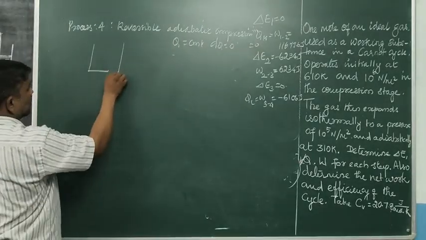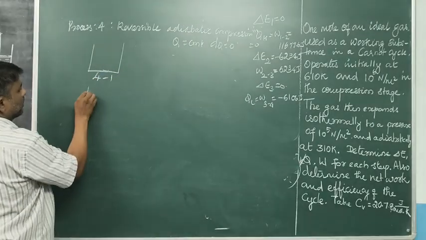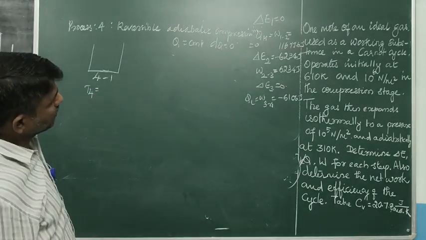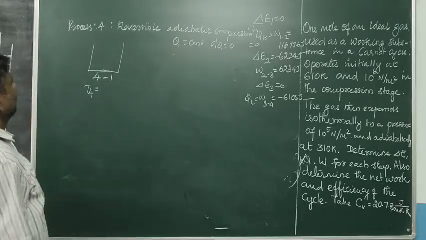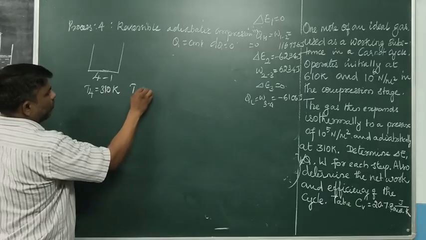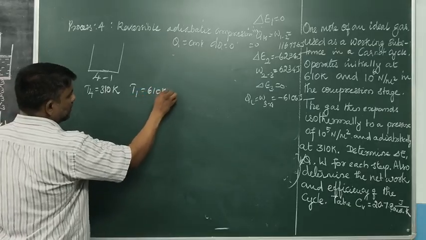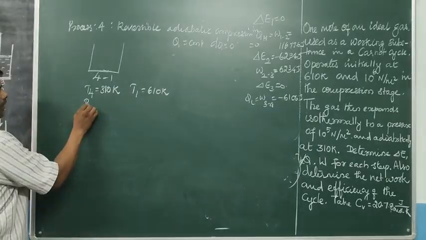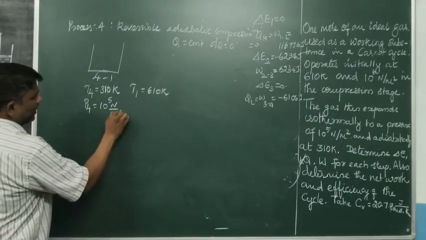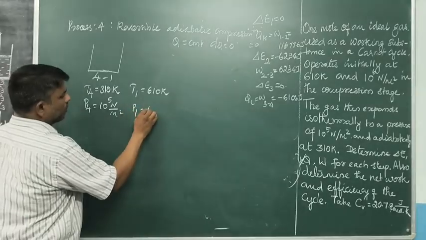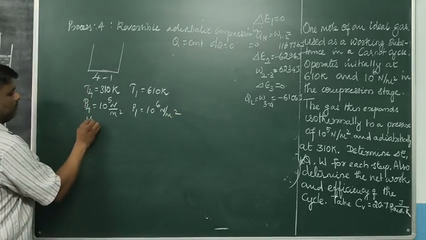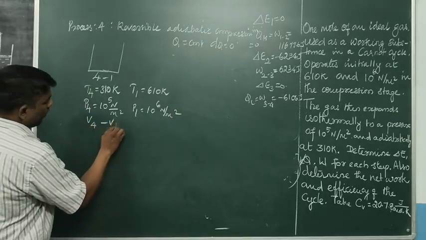This is process 4 to 1. That means T4 is equal to T3 means this is 310 degree Kelvin, and T1 is equal to 610 degree Kelvin, and P4 is equal to 10 to the power of 5 Newton per meter square, and P1 is equal to 10 to the power of 6 Newton per meter square. Volume V4 to V1.